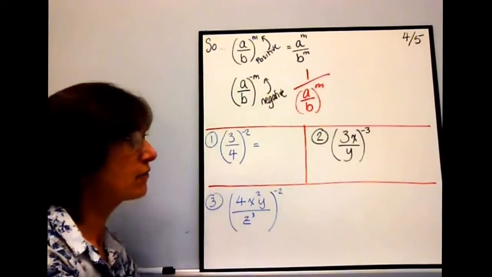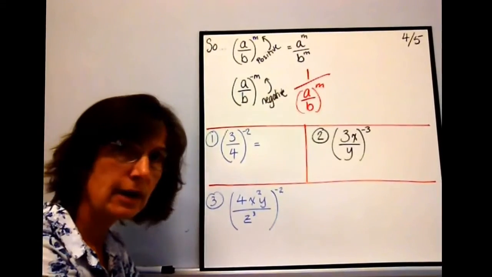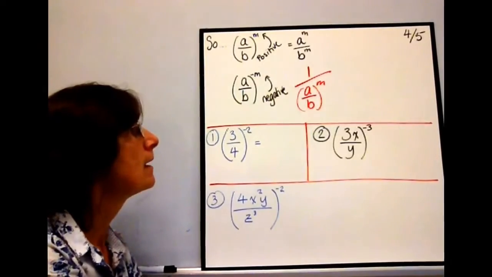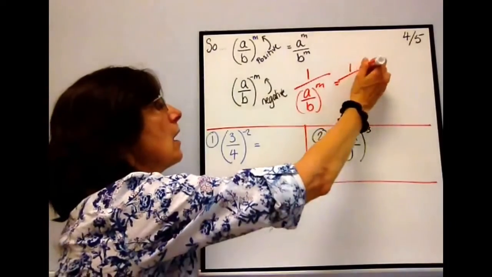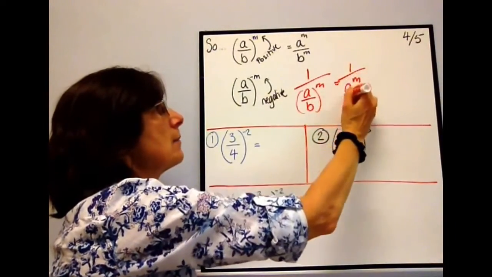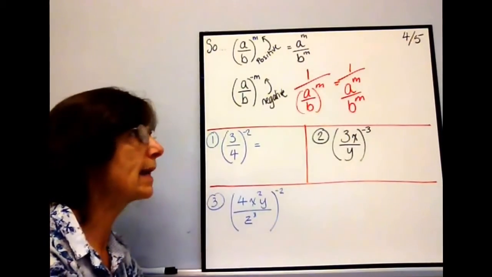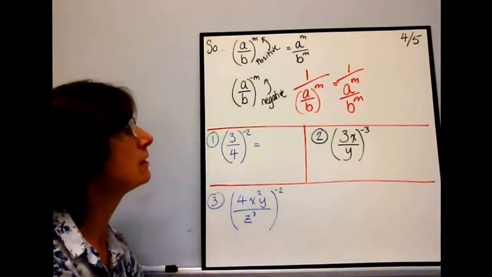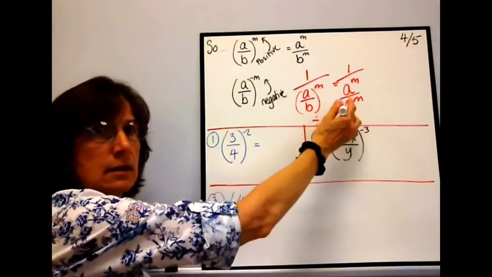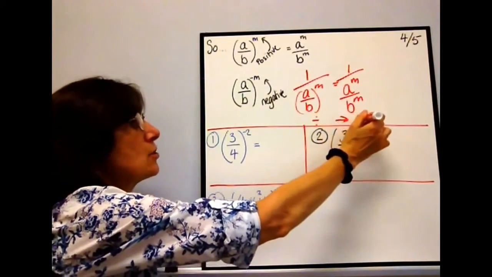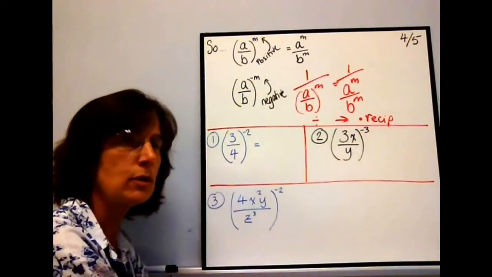So what we've done so far is got rid of the negative exponent. I'm now going to apply the exponent: 1 over a to the m over b to the m. But like I said before, we cannot keep a fraction in a fraction. So we're here trying to divide by this. Well, we're going to turn that into multiply by the reciprocal.